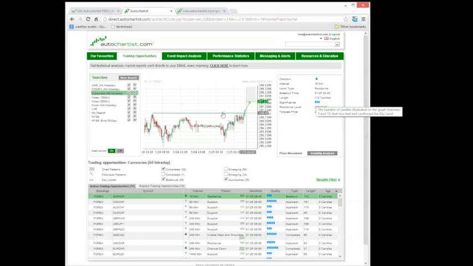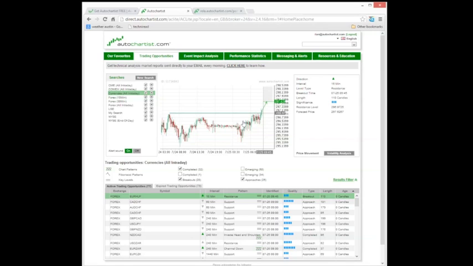If this opportunity doesn't hit its forecast region within the next 35 candles, chances are I would probably close out my position. And that same theory and the same analytics apply to chart patterns as well. I hope I've answered that question.